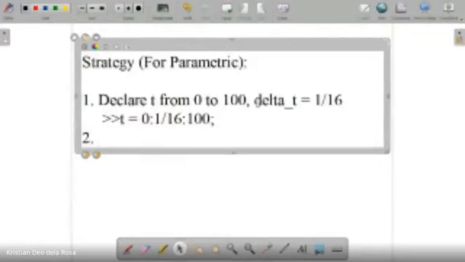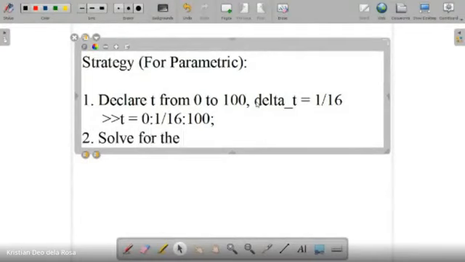Number two is declare, or pwede na natin siguro solve for the complex term. Yan yung tawag ko minsan, yung complex term. Solve the complex term.